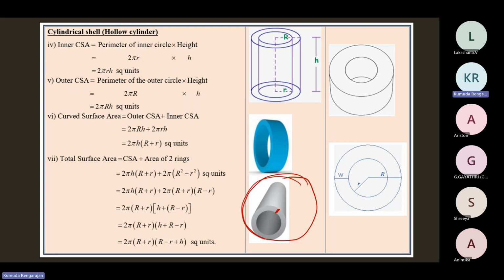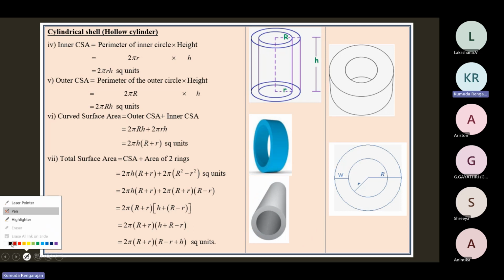This one is a pipe. It can be made of any material, fiber, metal. So this is the pipe we are talking about in question number 2. The pipe is open at both the ends, and the wall of the pipe is thick. You can see the thickness here. The wall of the pipe is thick, which gives us 2 radii.